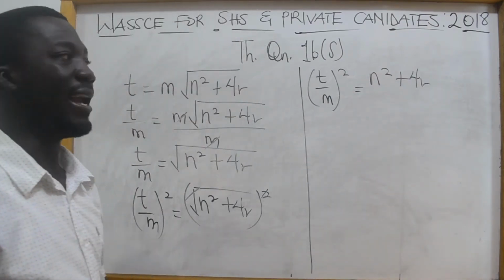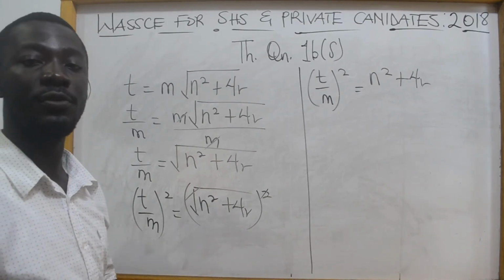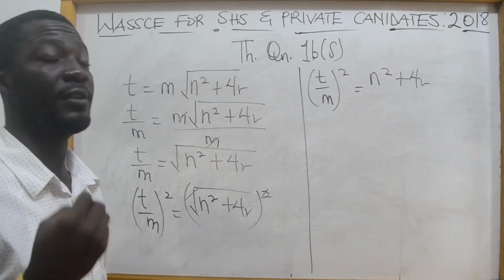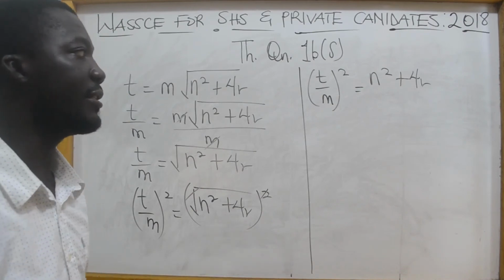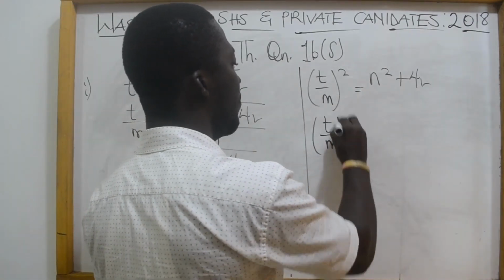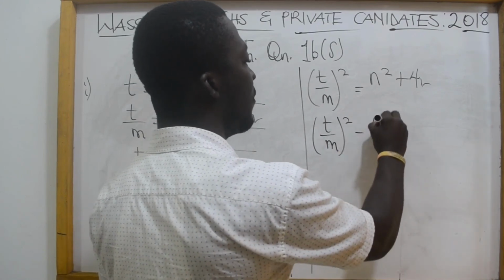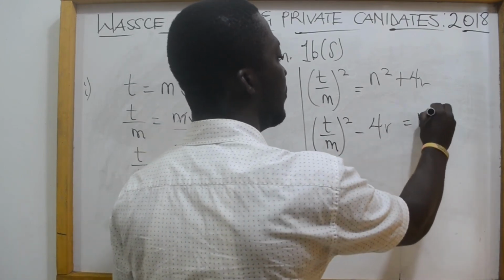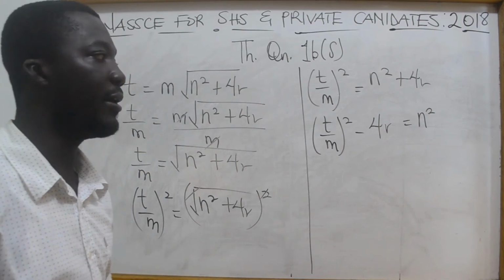We are making n the subject, so we transpose the positive 4r to the left hand side, which will change to negative, and we are getting T over m all squared minus 4r is equal to n squared.